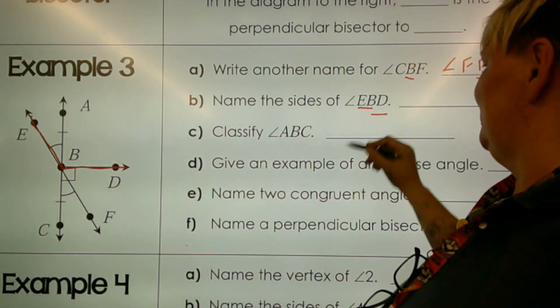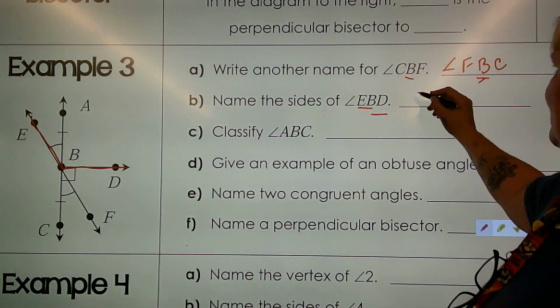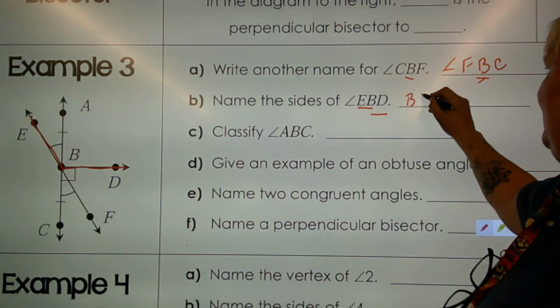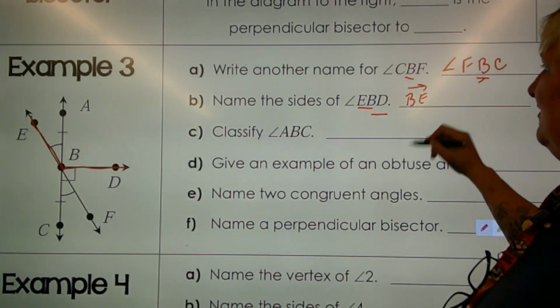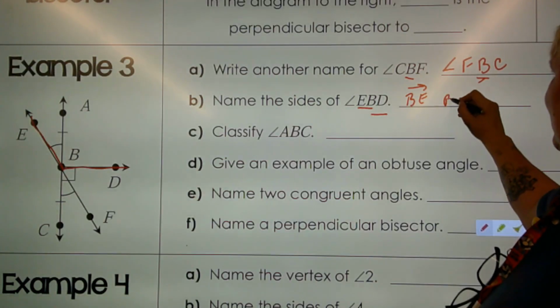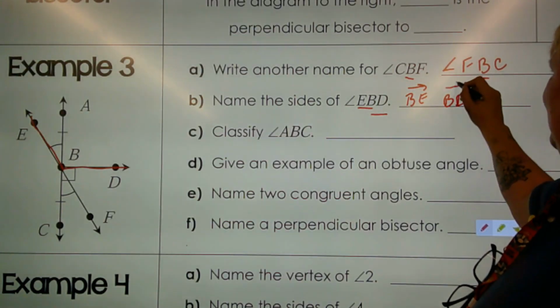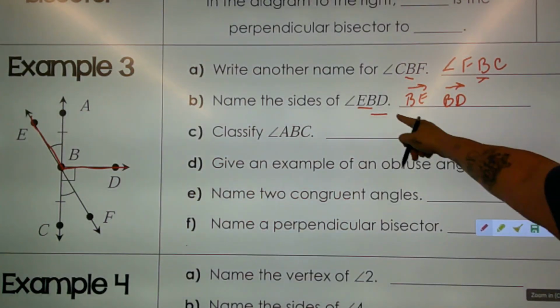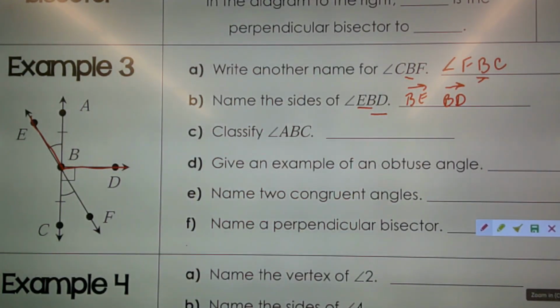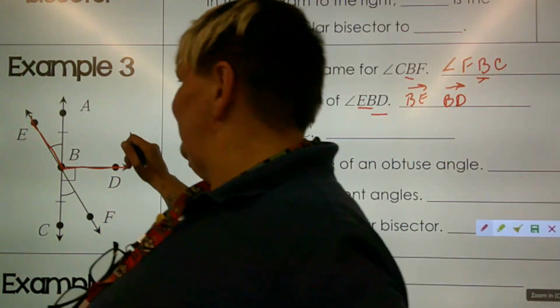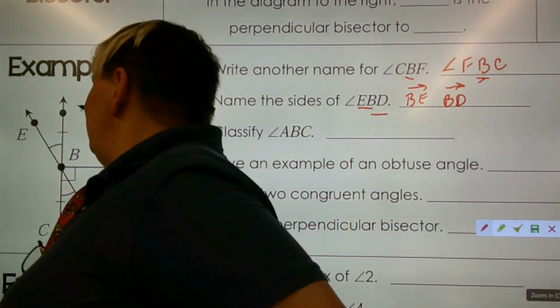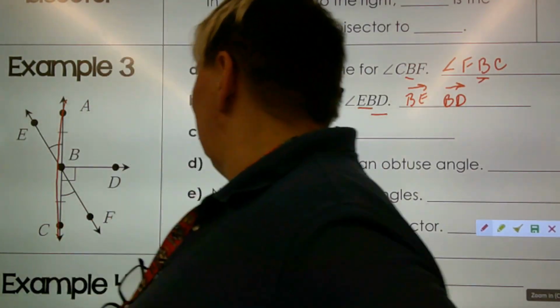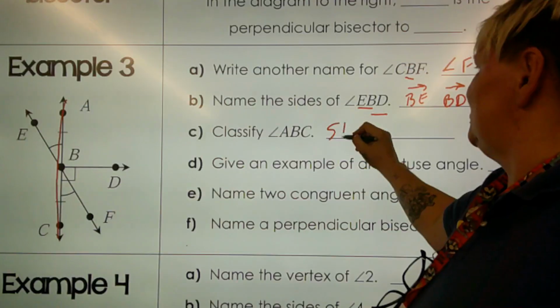So your sides are either BE or BD. You don't even need to see the graph. The answer is in the question. Classify ABC. ABC is a straight line, so it's a straight angle.